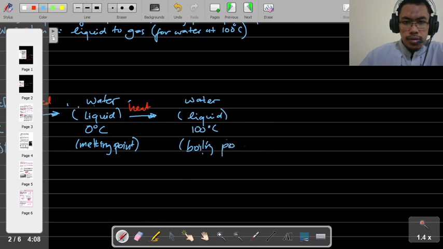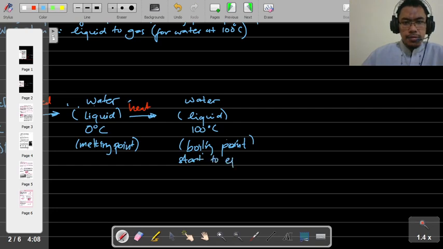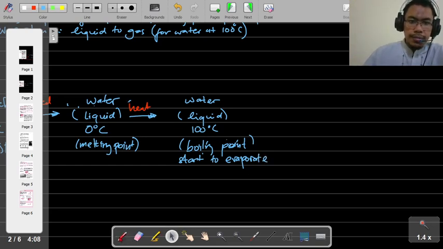Boiling point, and in this point, the water will start to evaporate, yeah. So the water will start to evaporate.